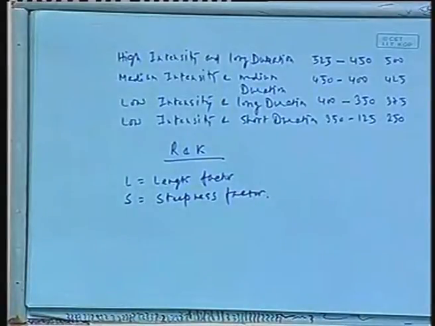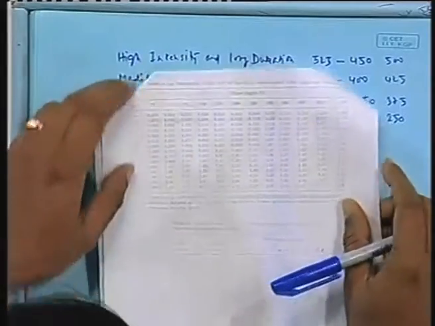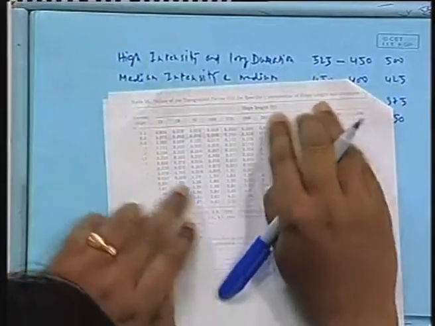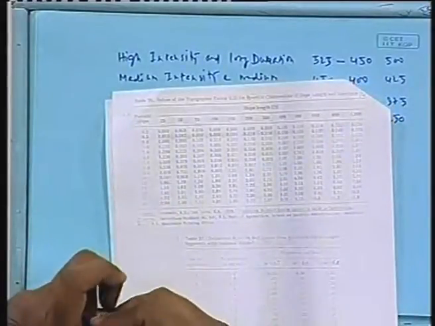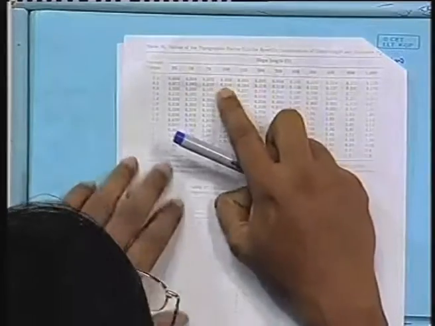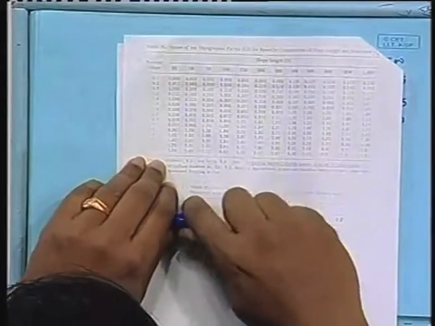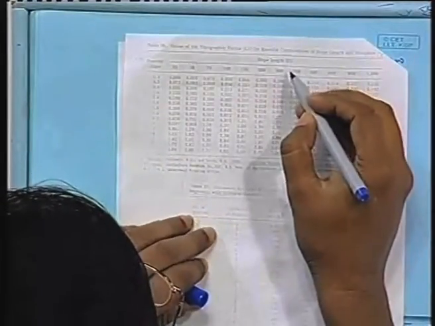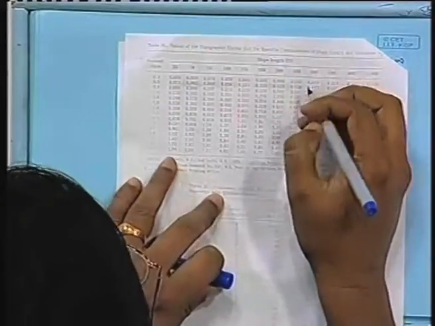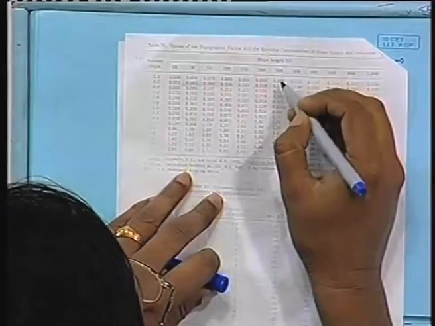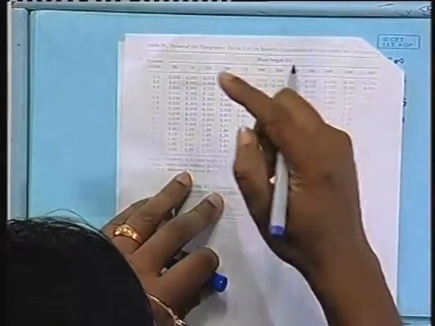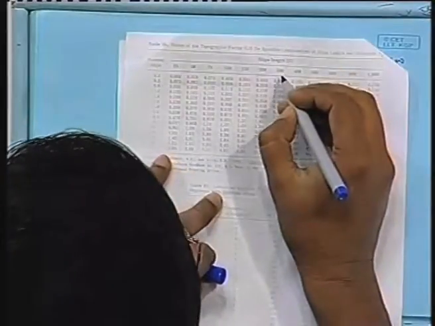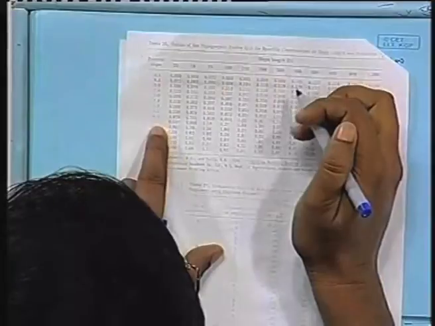Other things being the same, look at the nomograph that I have given you. Here are the values of the topographic factor, L and S. Suppose the slope length along the slope is about 300 feet, with a percent slope of about 10.